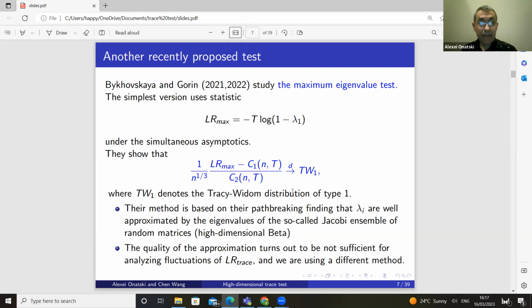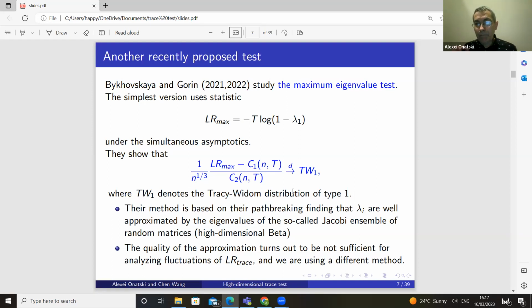The method that Bykhovskaya and Gorin are using is based on really path-breaking finding that these lambdas are well approximated by eigenvalues of so-called Jacobi ensemble of random matrices. So you can think about this as matrices which have this multivariate matrix beta distribution. And they use this approximation to get this result.